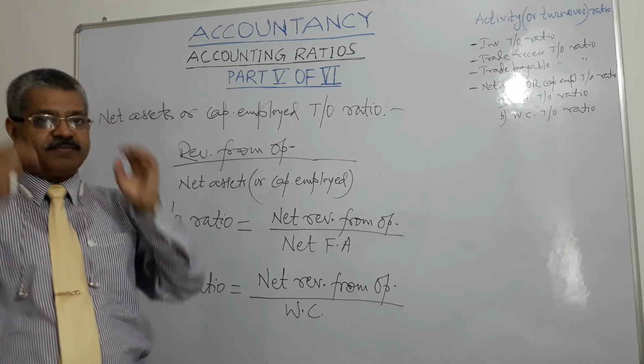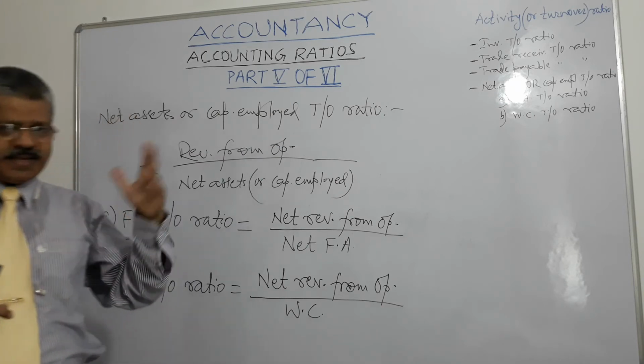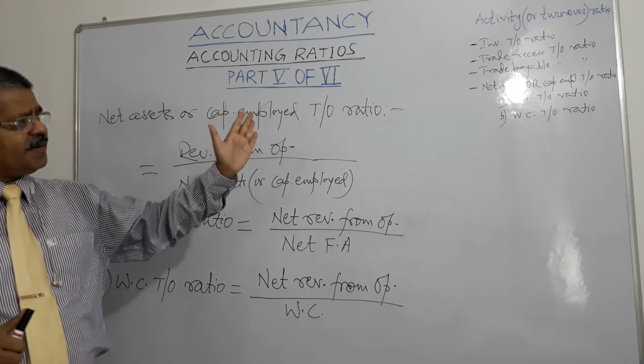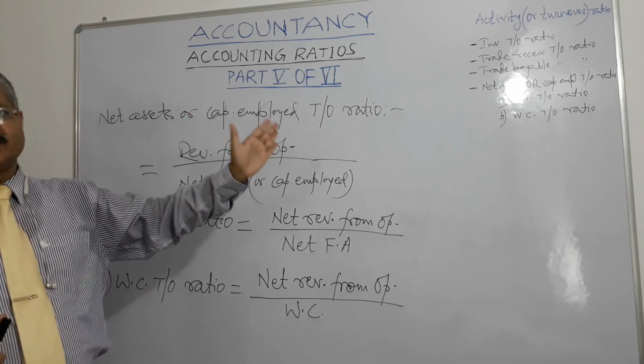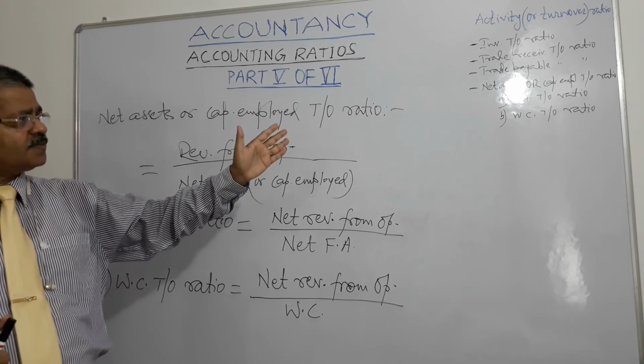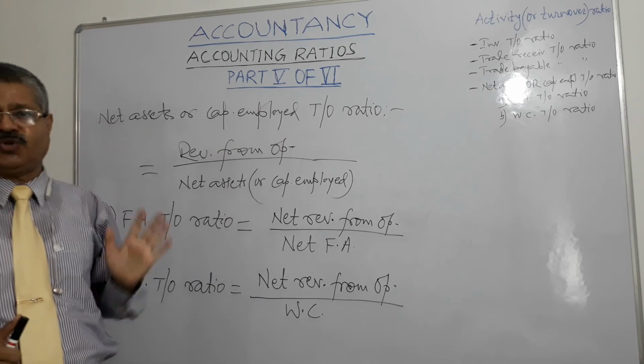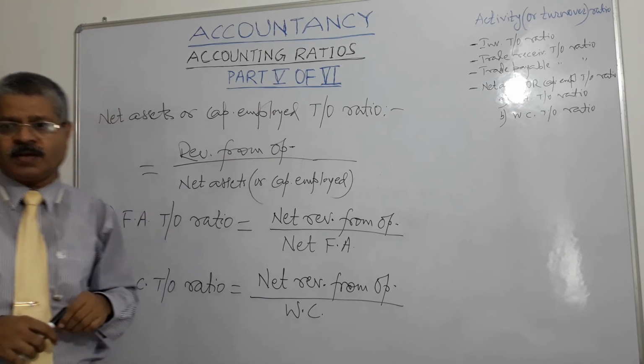And how do we get average trade payables? Like average trade receivables, right? Opening creditors and bills payable plus closing creditors and bills payable divided by 2, right?